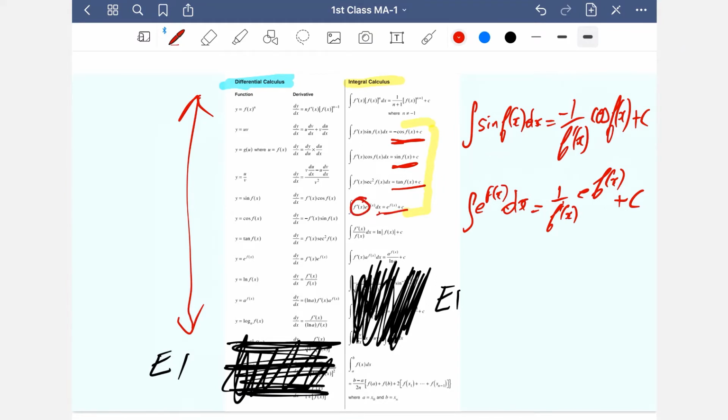Please note that f dash of x has been included in the integral statement. Look, it's exactly the same, but if you're going to be using these formulas that have been provided, then move the f dash of x down to your denominators.